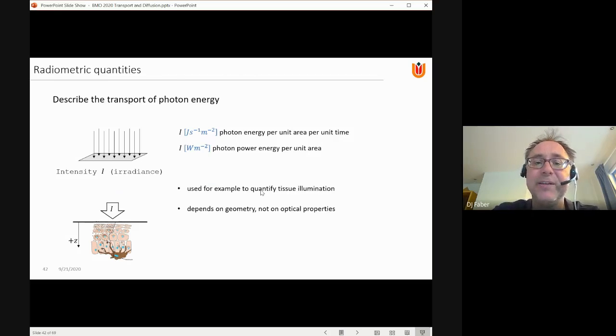Basically, the photon energy per unit area per unit time that is incident on a tissue surface, because intensity is usually reserved for something that is either incident on or escapes from a surface. We can use it just to quantify tissue illumination. Because it is about illumination, it depends only on the geometry. It does not depend on the optical properties of the tissue yet. It only describes how much light is incident.